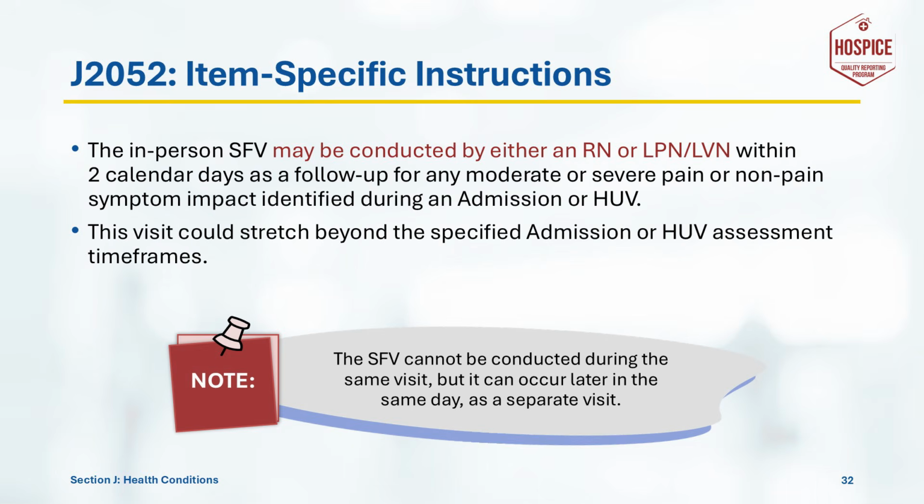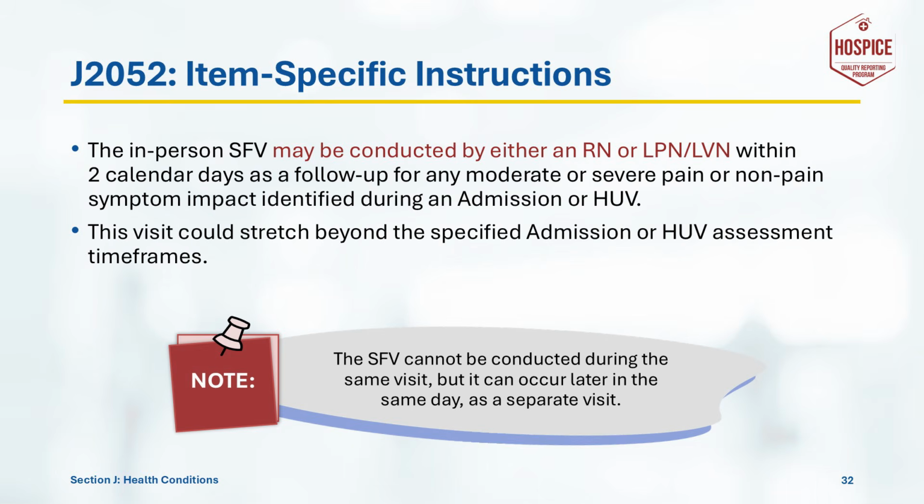J2052 should be completed within 2 calendar days to follow up on any moderate or severe symptom or symptoms identified in J2051 symptom impact on admission during HUV1 or HUV2. There are a couple of important points to mention here. It is possible that the follow-up visit could extend beyond the admission or HUV timeframes.